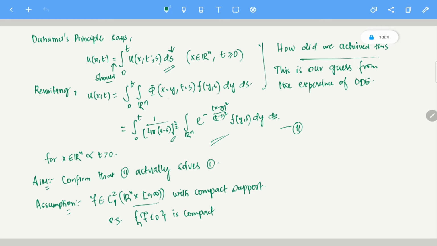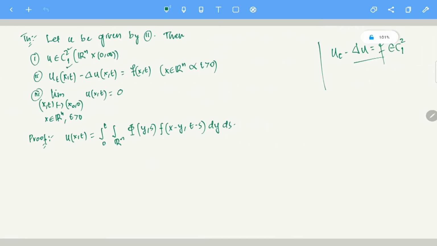You take x minus y to be z and t minus s to be some r. Make the change of variable, and you get phi of (y, s) f of (x minus y, t minus s) dy ds. I just wrote some variable; you can write it as (z, r). That's not a point, so you can just do it like this. So this is the change of variable.